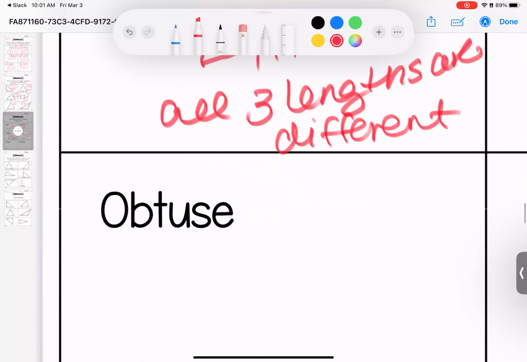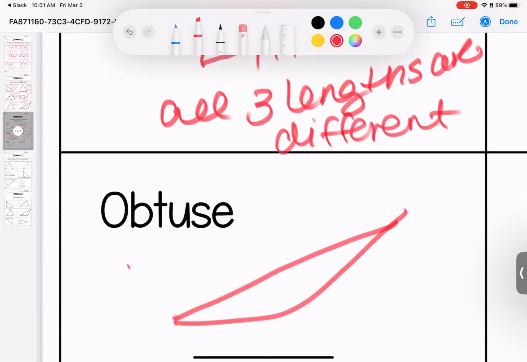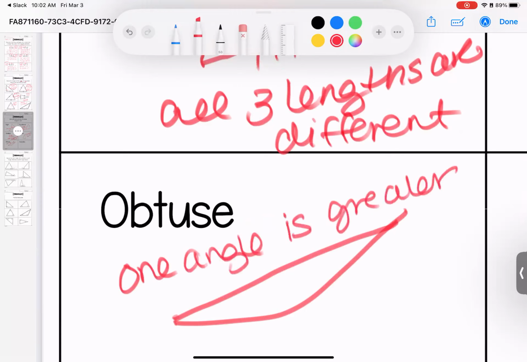For an obtuse triangle, that is a horrible example, but you get the point. One angle is greater than 90 degrees. So for obtuse and right, one angle makes the choice. For acute, all three need to be determined.